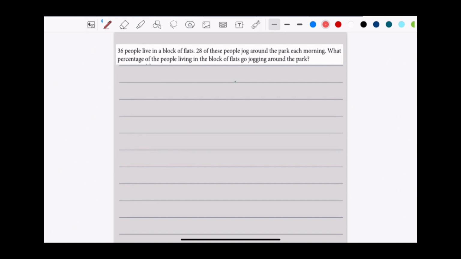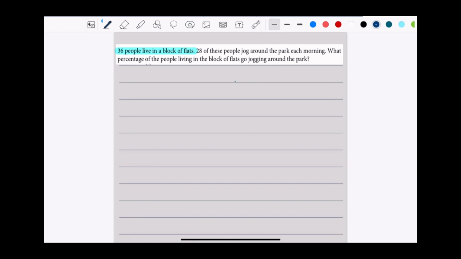So let's look at the word problems that we all struggle with. So 36 people live in a block of flats. So the original number of people is 36. 28 of them jog around the park each morning. What percentage of the people living in the block go for jogging?